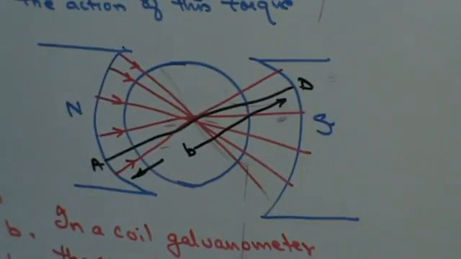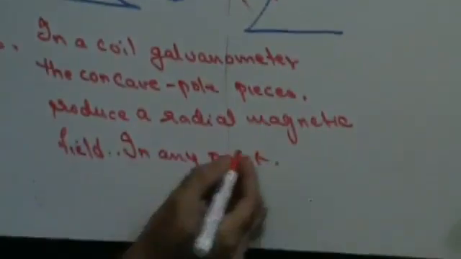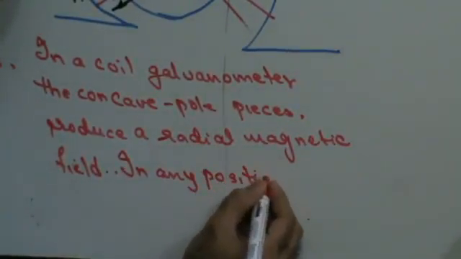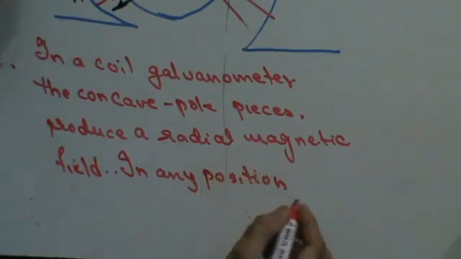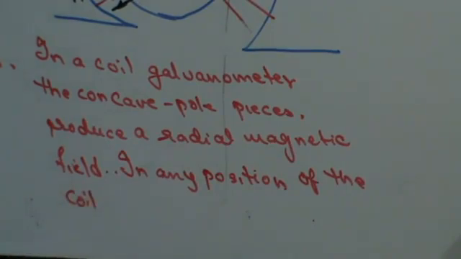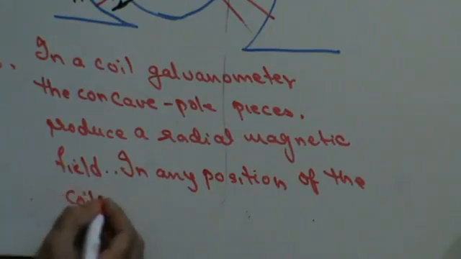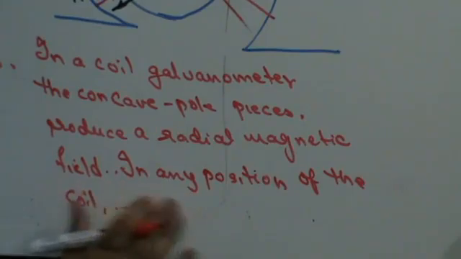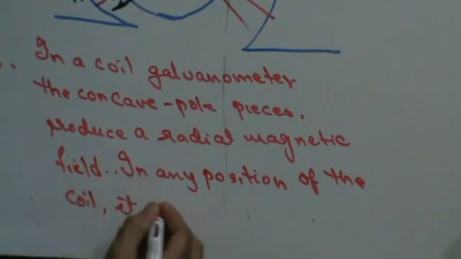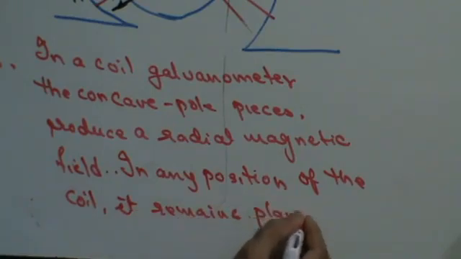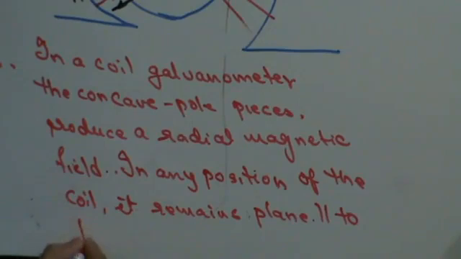I can say that in any position of the coil, it remains plane parallel to the direction of the magnetic field.